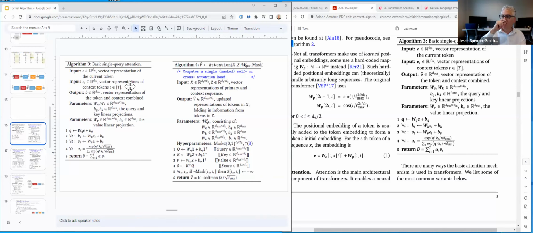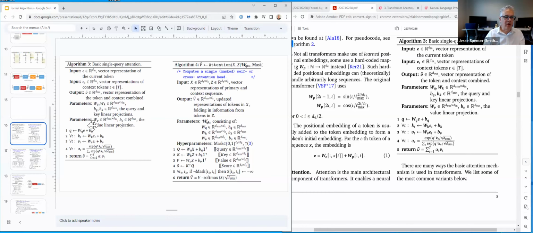So you're going to have the embedding for west, but you're also going to be seeing the embeddings for all the other things in your context. The output is going to be a brand new vector representation of the token and the context combined, a new representation for west that is informed by all the other tokens.